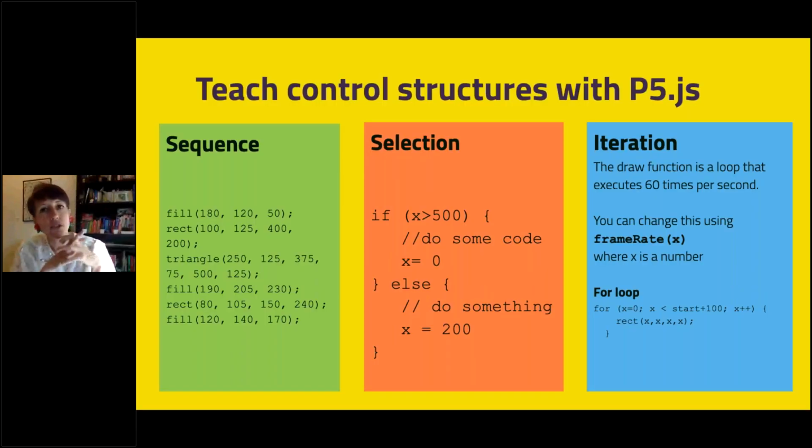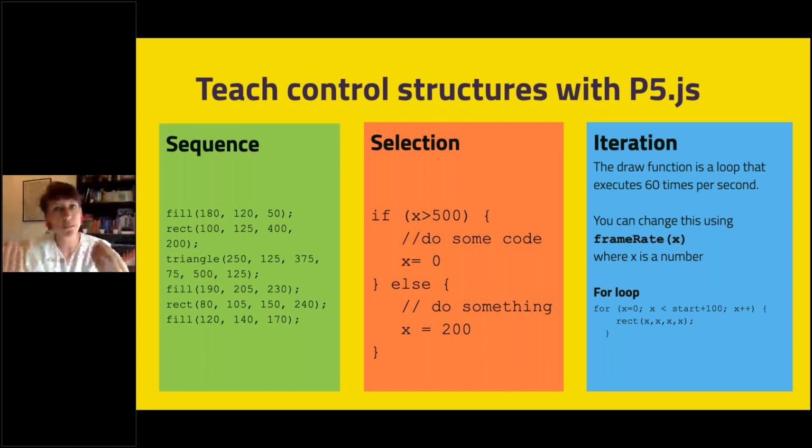So it's a great tool, like any other programming language, to teach control structures. Sequence is super important because the order that you put your shapes on the screen will determine whether you can see them on top of each other or not. Selection, when you start animating, will be quite important, because if you want something to come off the edge of the screen and then appear again, you're going to need to do some selection.